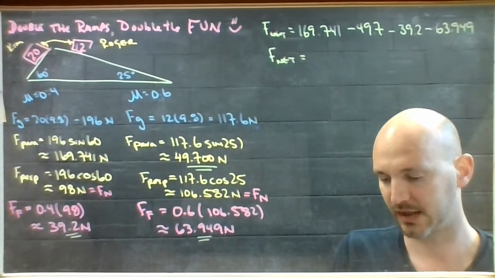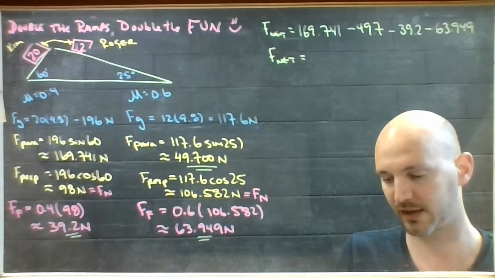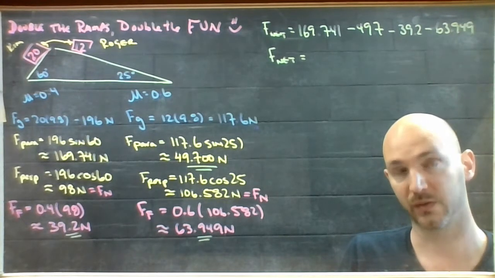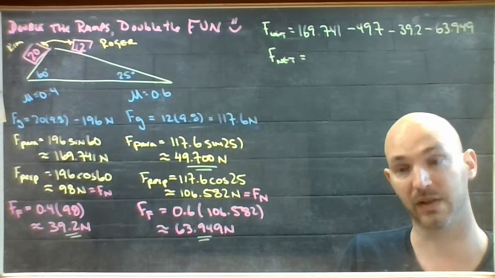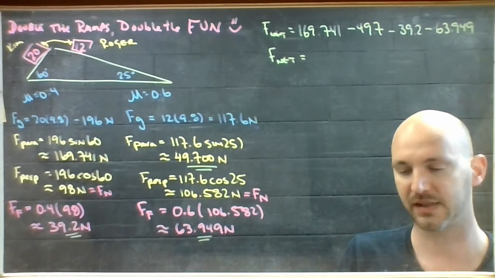So 169.741, subtract 49.7, subtract 39.2, subtract 63.949 gives me 16.892.